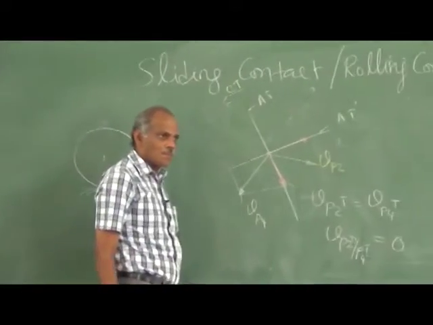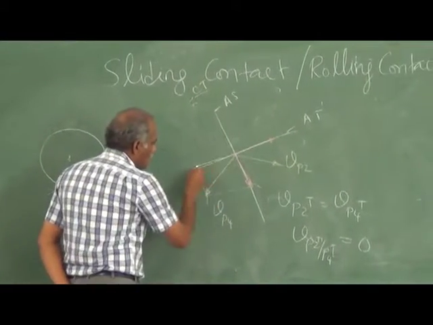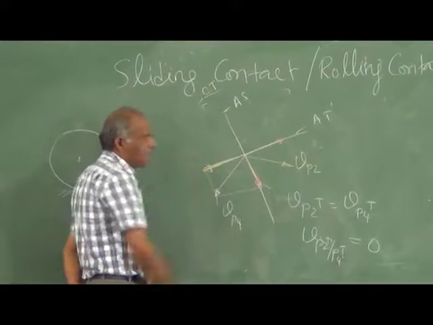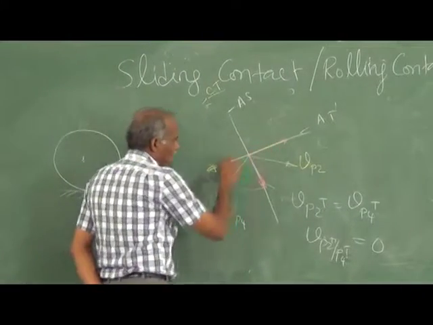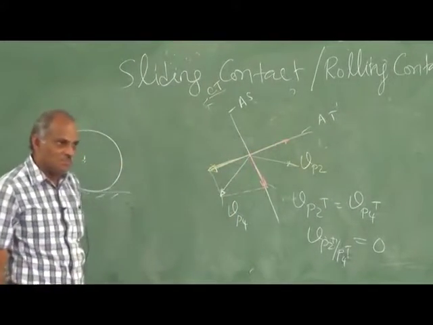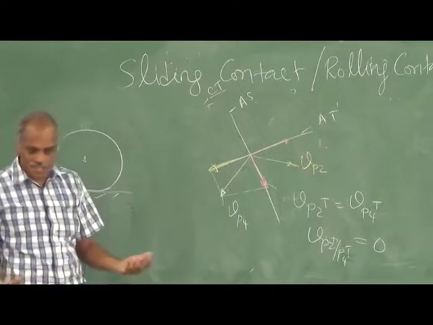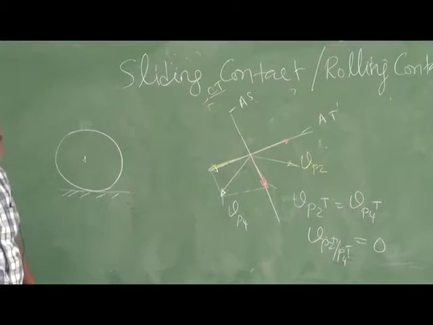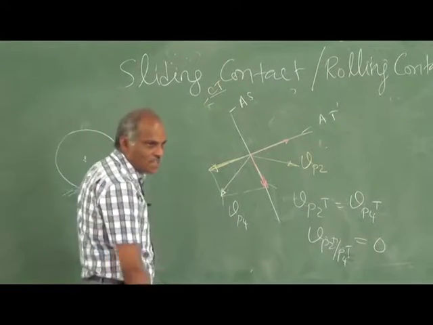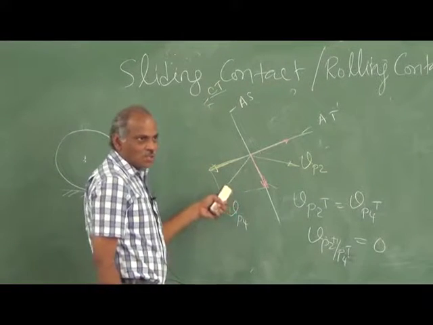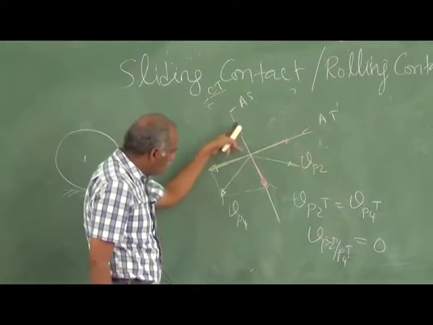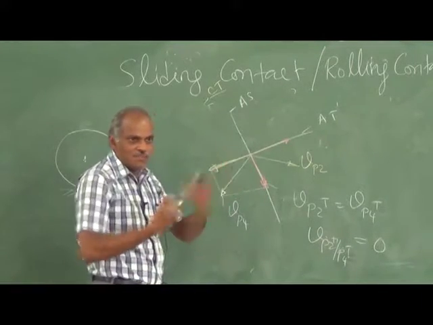It's because you see that for a direct contact mechanism, the normal component should be the same. But in this case, the normal component is not the same. They are in the opposite direction. So no transmission will take place. Our aim is not to get zero sliding by having no contact.